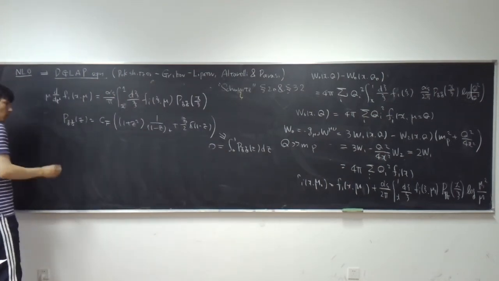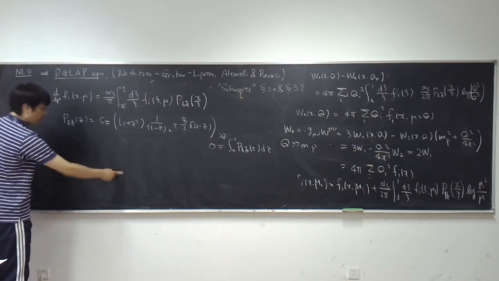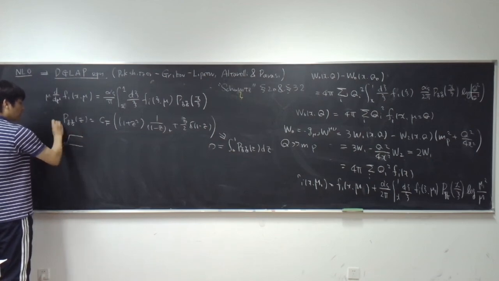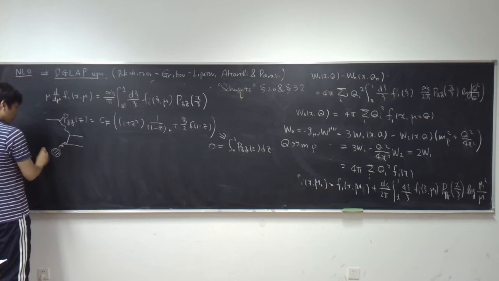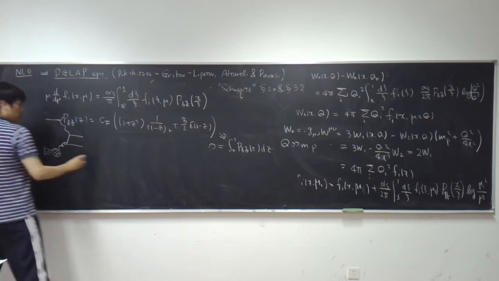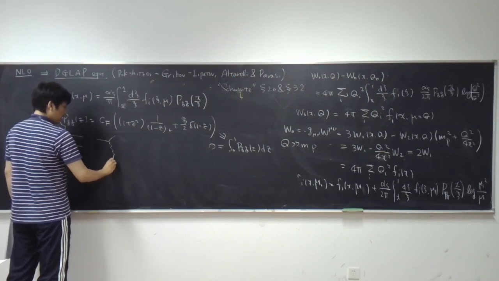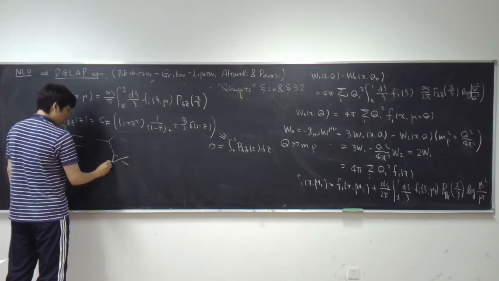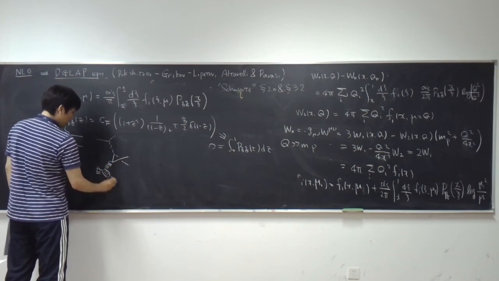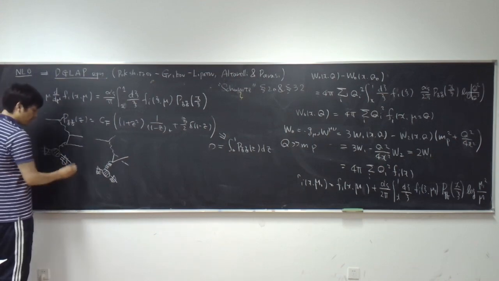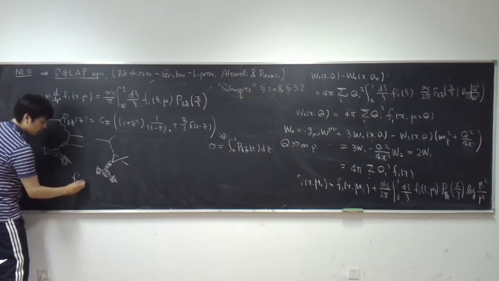So in the diagram I already erased, sometimes a gluon pops up and then it scatters the quark and so on. Like this one, right? And from here, one has to use F_g(x).